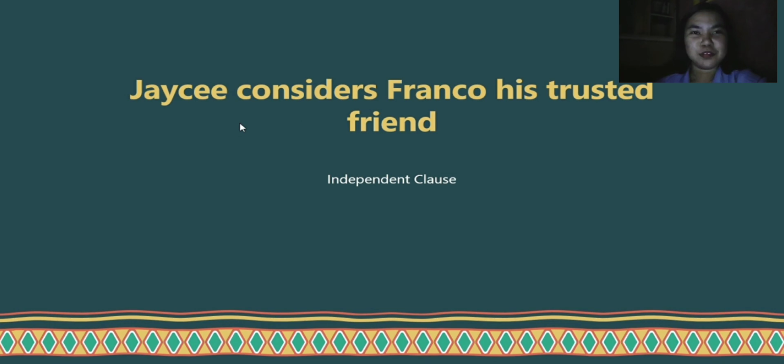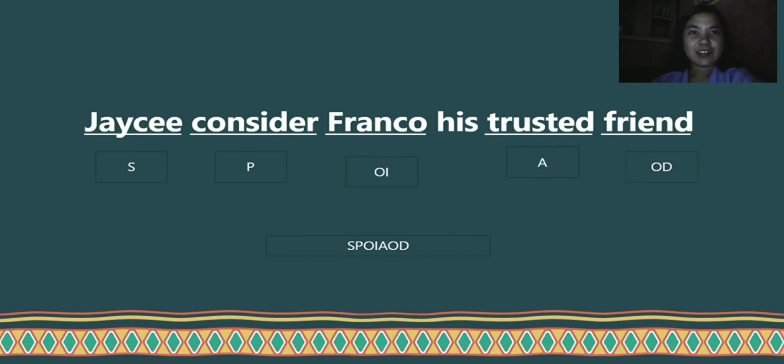And now let us move on to the sentence, "JC considers Franco his trusted friend." The sentence is an example of an independent clause since the sentence can stand alone and it expresses a complete thought. And now let us identify the clause elements in the sentence. JC here is our subject and "considers" is our predicate.